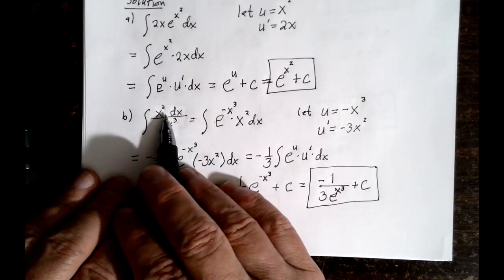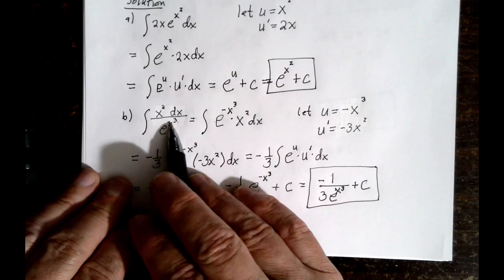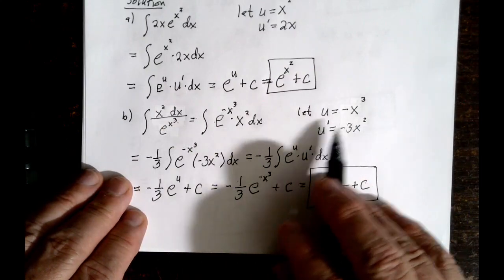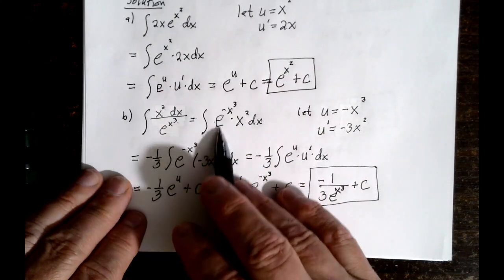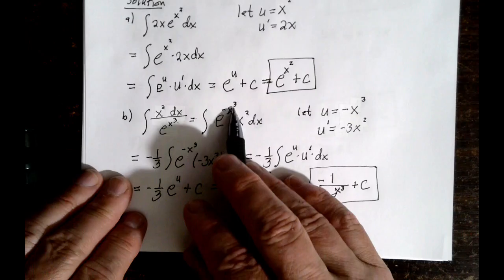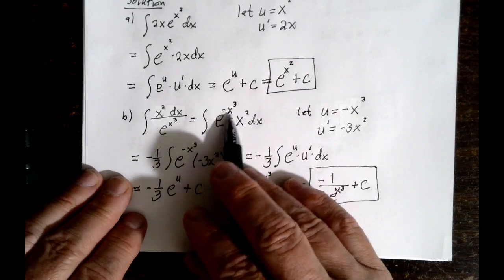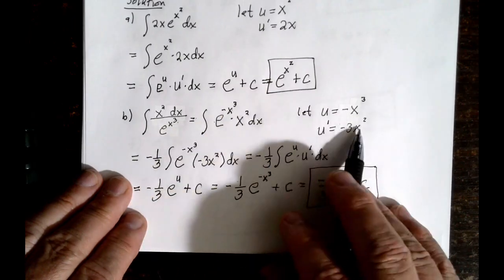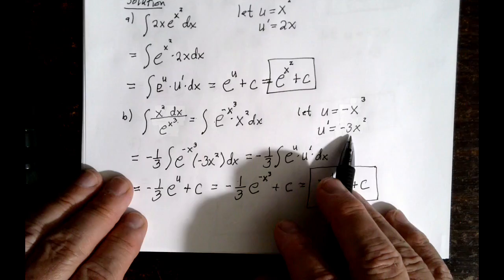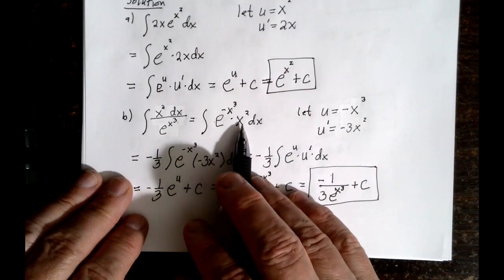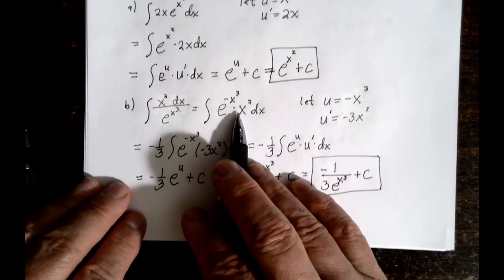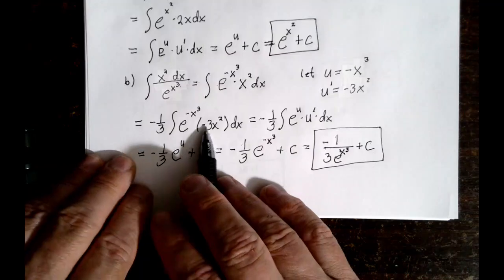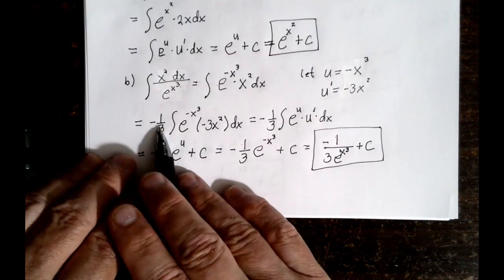This one, you let the exponent of the e be your u, or actually you rewrite this with e to the negative x cubed. You let that be your u, and then your u prime is negative 3x squared. Well, you got the x squared part, you just need the negative 3 there. So if you put a negative 3 on the inside, you got to put a negative 1/3 on the outside.